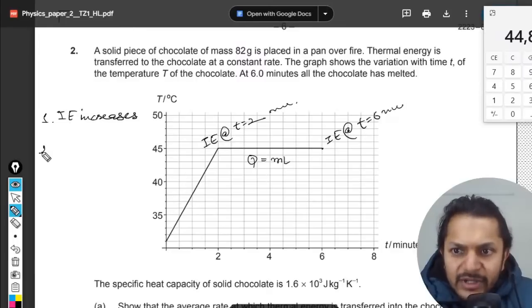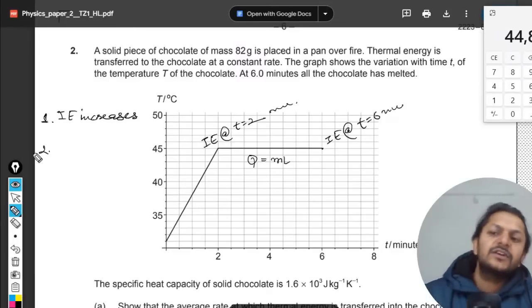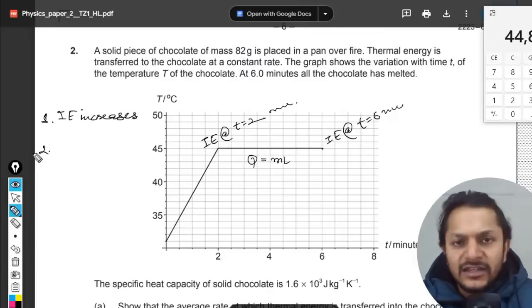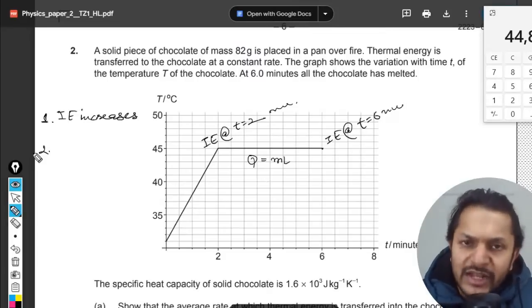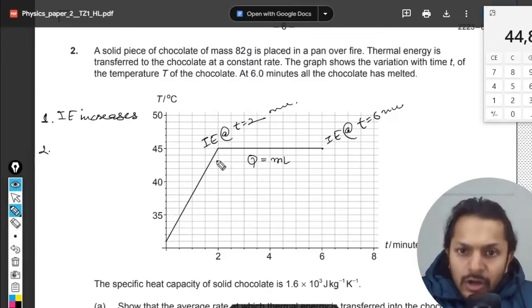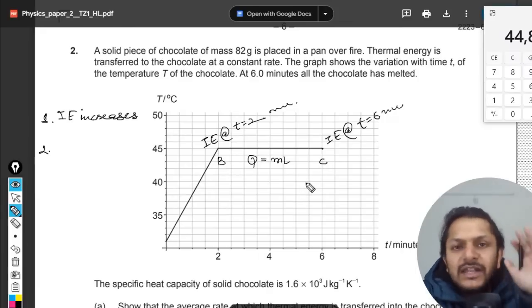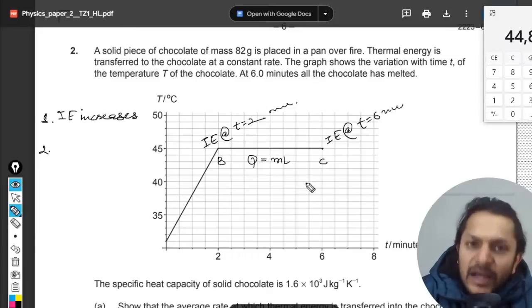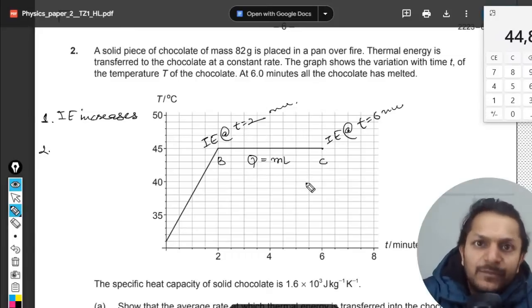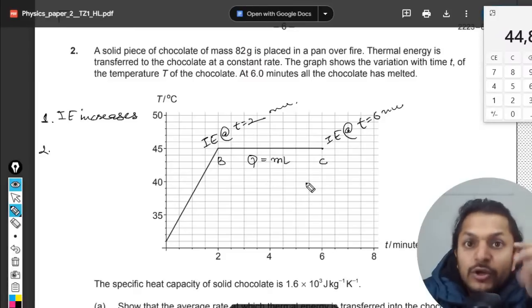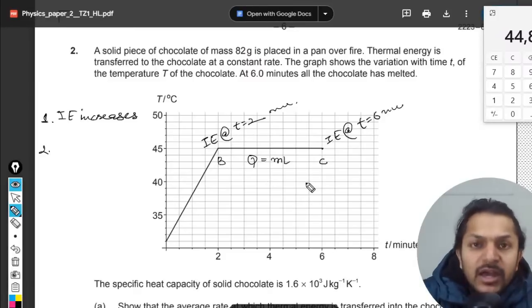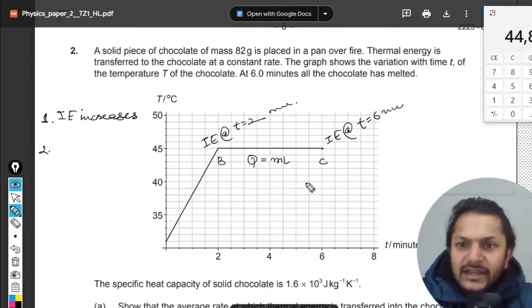But what happens of this internal energy, whether it is going to increase the kinetic energy or whether it is going to add up into the potential energy? So if we talk about the point B and the point C, they have the same temperature. So by the kinetic theory of gases and the formulas that we have, accordingly we can reach this conclusion that because the temperature is same, we can clearly say that there is no change in kinetic energy.